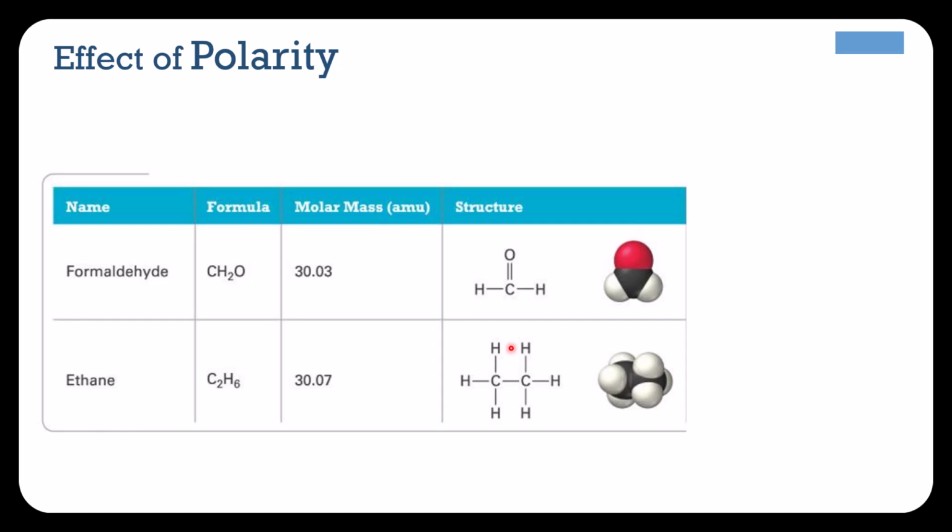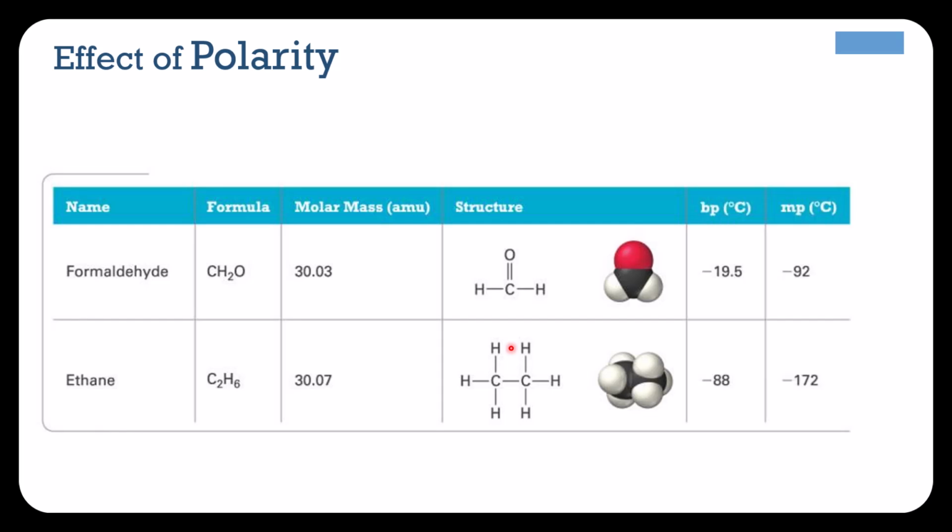Okay. What we're going to do in the next series of videos is apply this to properties that we see. But one of the ways that I can confirm that statement that I just made is through the boiling point and melting point. So I see that formaldehyde has a much higher boiling point, so it's closer to 0.